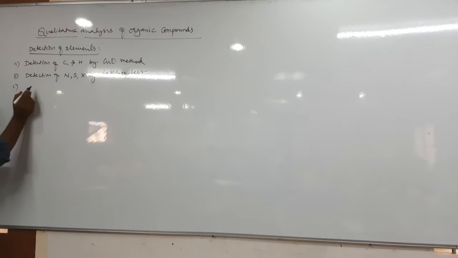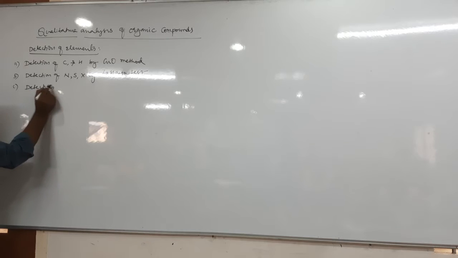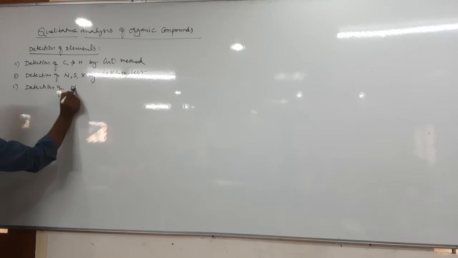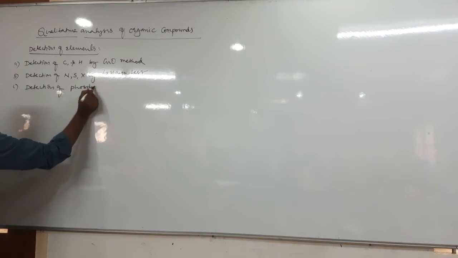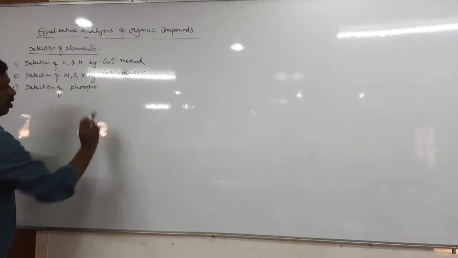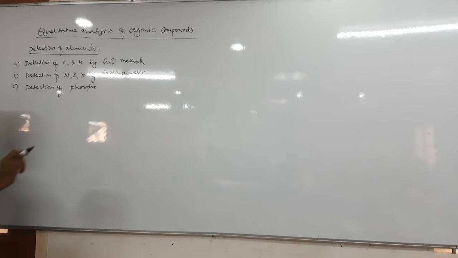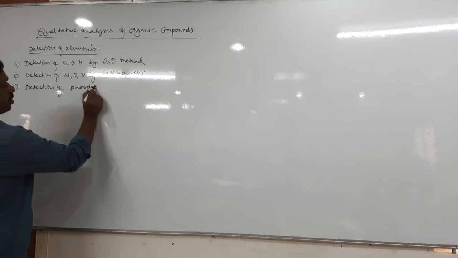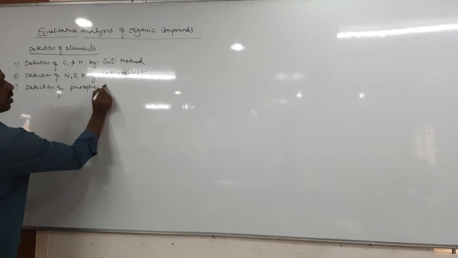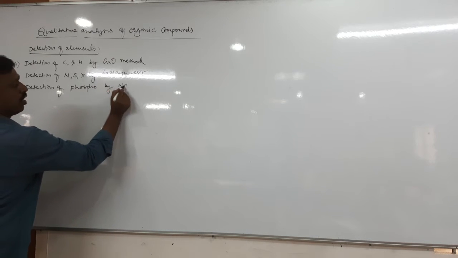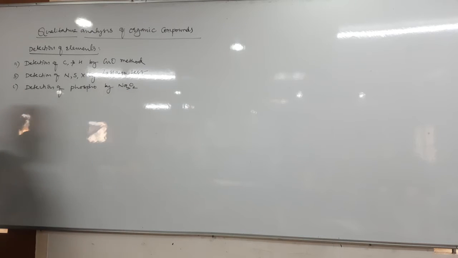C, another element is detection of phosphorus. It has no particular name. Detection of phosphorus by Na2O2, sodium peroxide. Right. So in qualitative analysis, we will study these three detections.